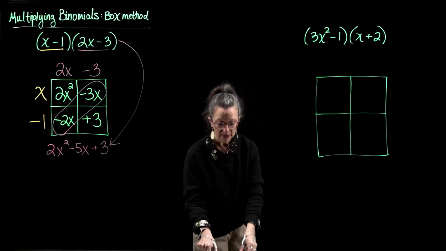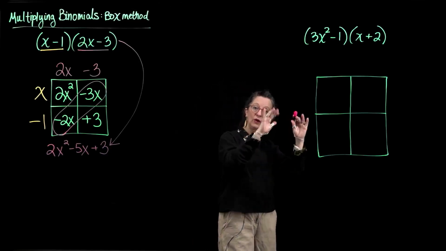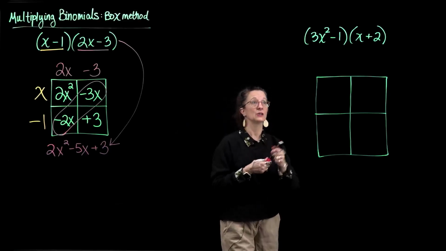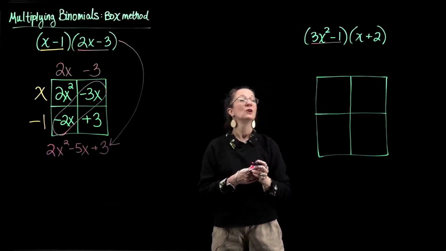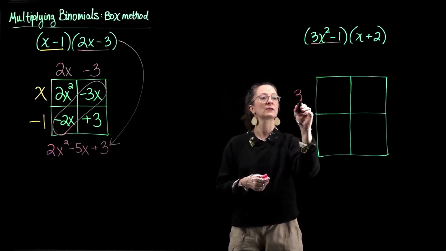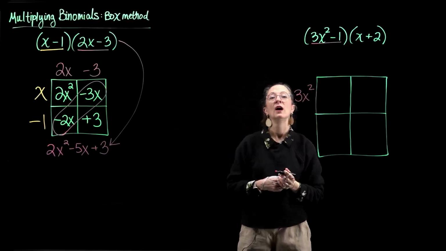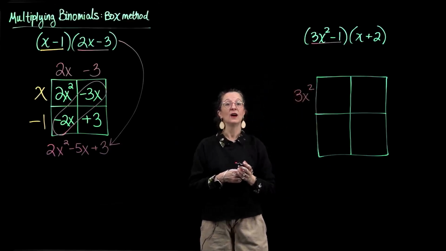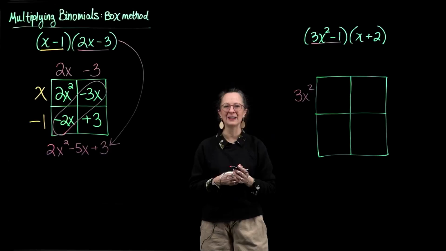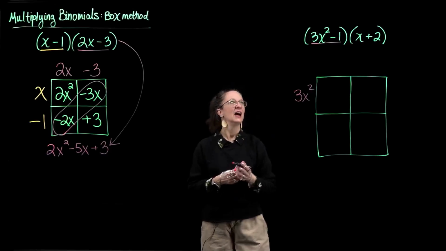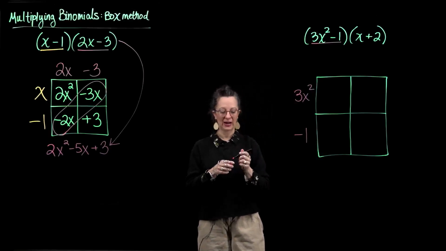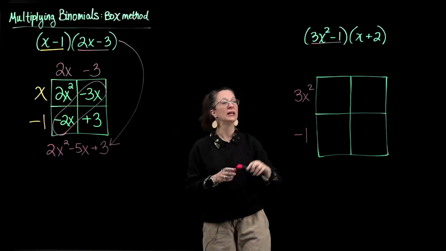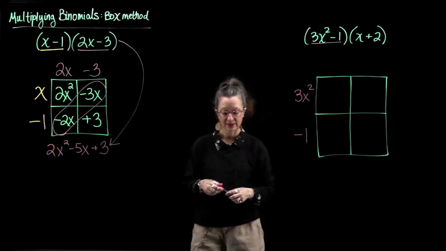And then I'm going to place my binomials on the outside of the square. I'll start with the first one, 3x squared minus 1. So I will write the 3x squared outside the square next to the top row. And then I'll write the minus 1 on the bottom row outside that square, so that 3x squared and minus 1 are on the left side of my square.